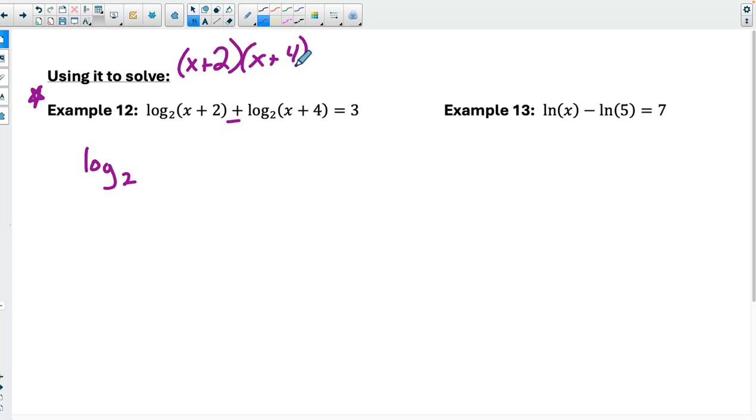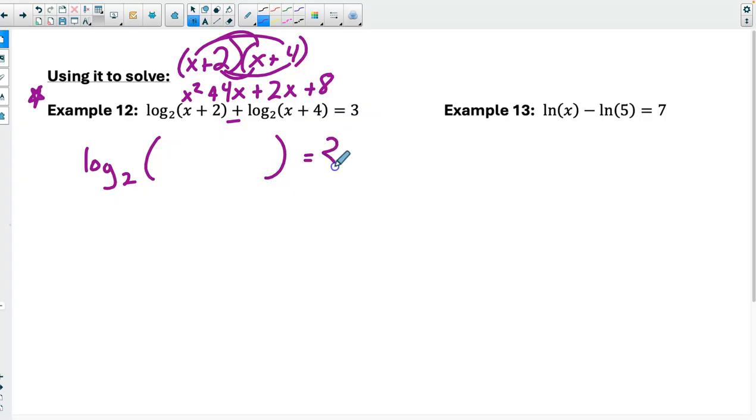See what we arrive to. I'll do it up here. You do it on your paper. We should get x squared plus 6x plus 8. So the work is shown up here.